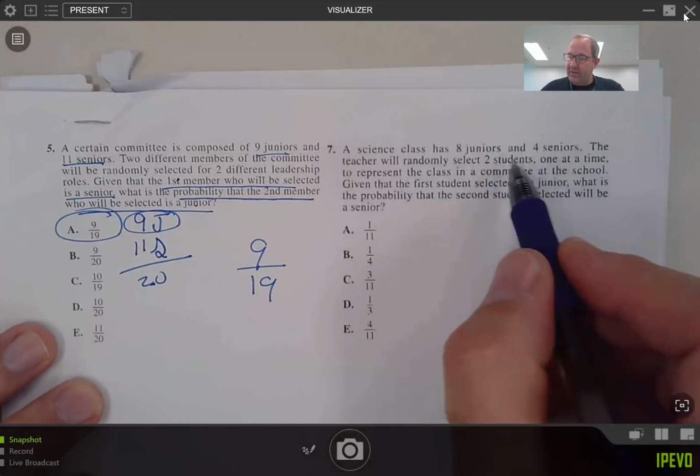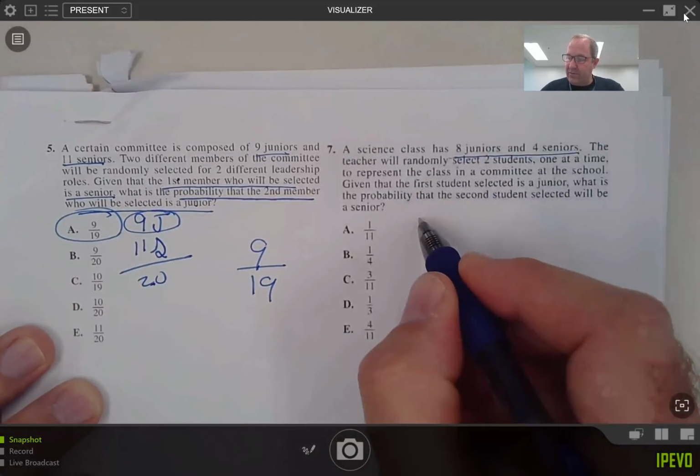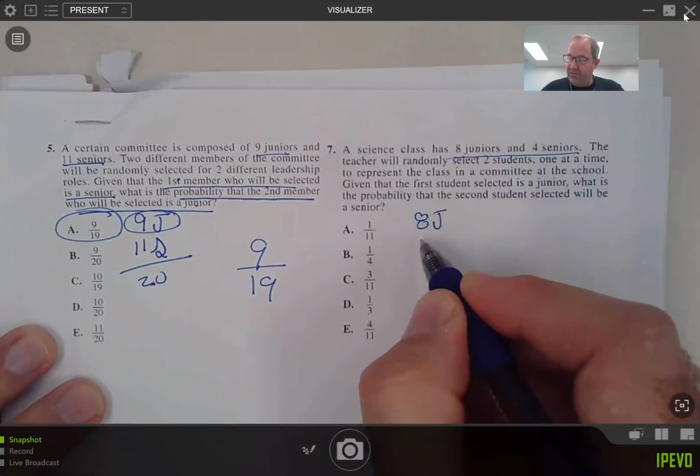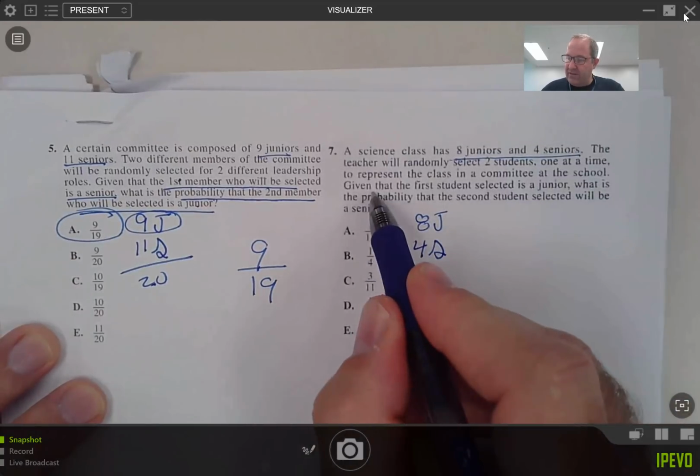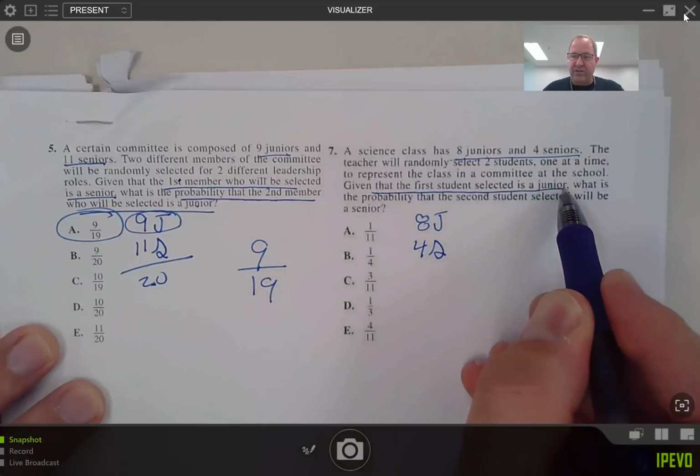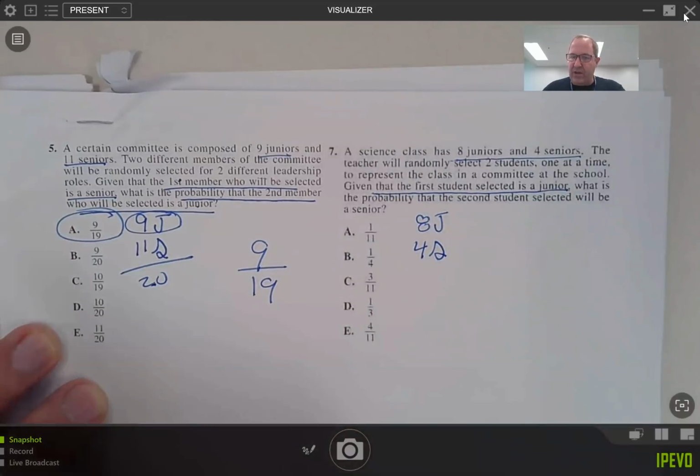As you were reading, you should have made a note that there were 8 juniors and 4 seniors. And they're saying, given that the first student selected is a junior, so they've picked a junior first, what's the probability that the second person will be a senior?